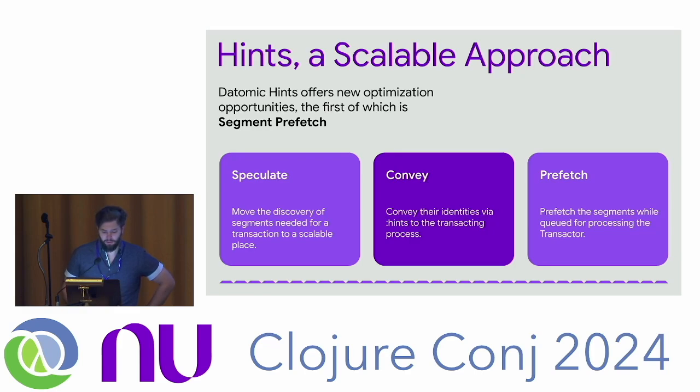At a high level, how it works is that in the peer, we're going to speculate the transaction by running dwith, and we're going to move the discovery of the segments that we need for a transaction out to a scalable place. We're then going to convey these hints in a manifest under a key called hints, which is just an opaque object. We're going to convey this alongside the transaction data itself.